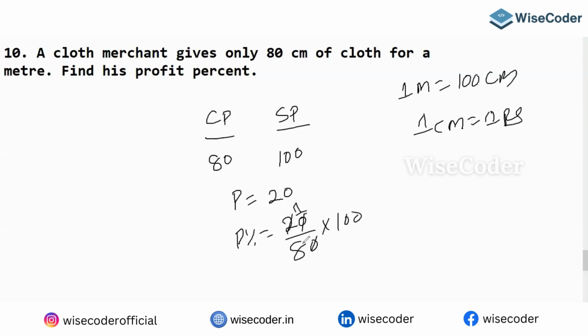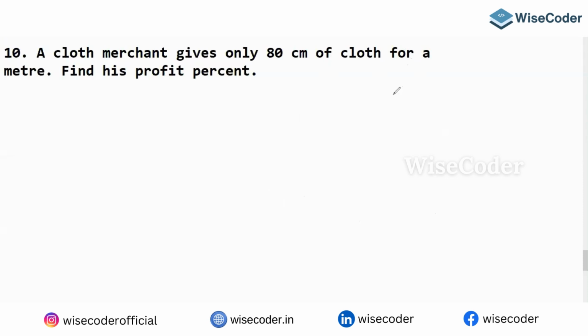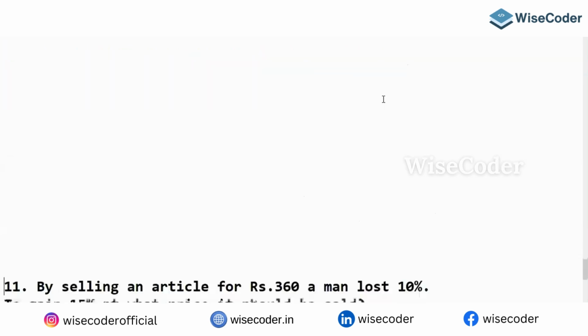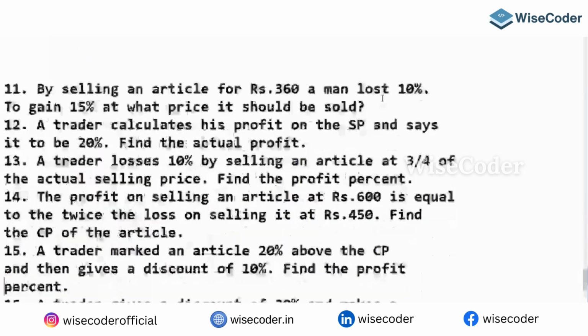So 20 ones are 20, 20 fours are 80, so 1 by 4 is 25%. So you need to take care of these kinds of questions.